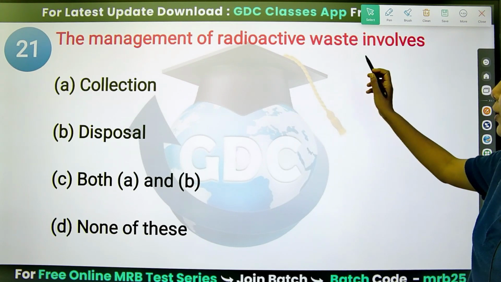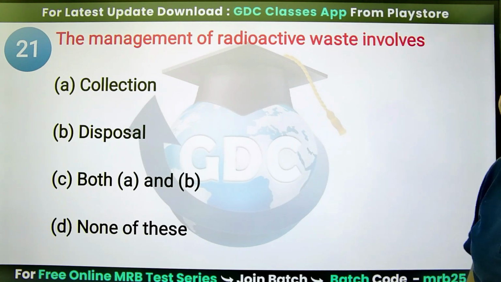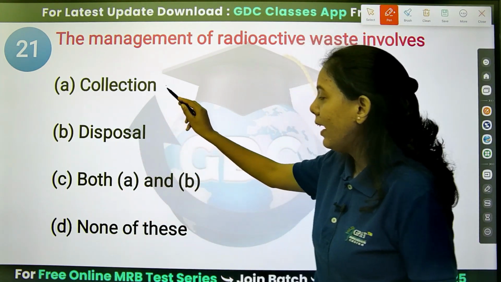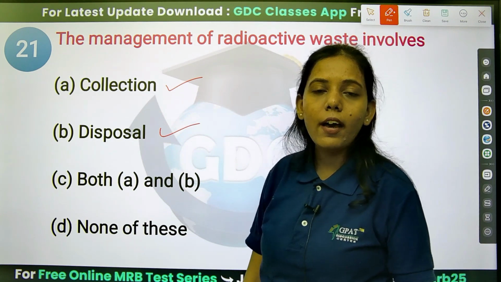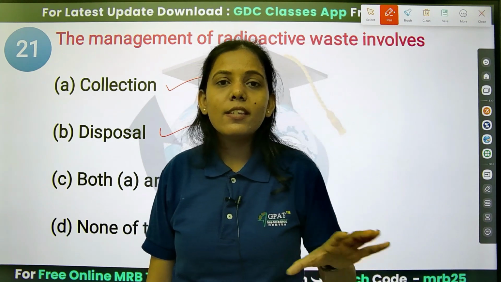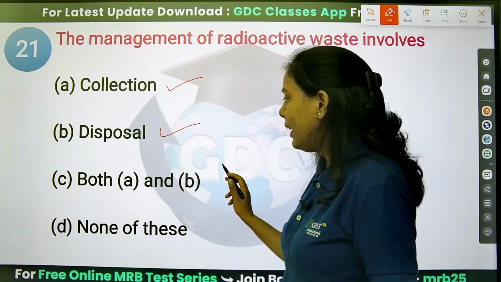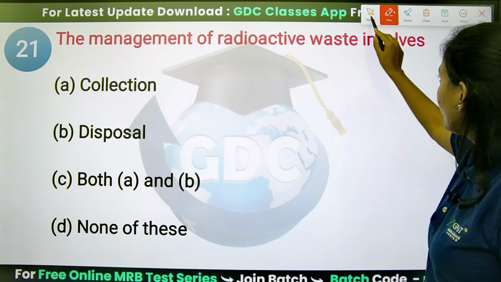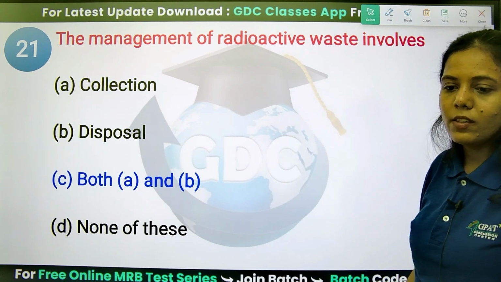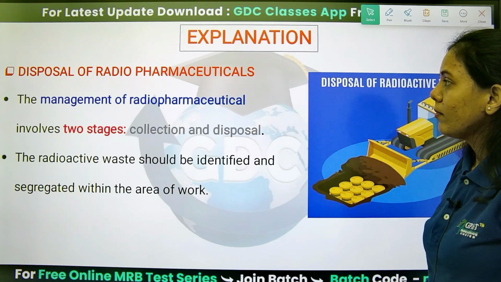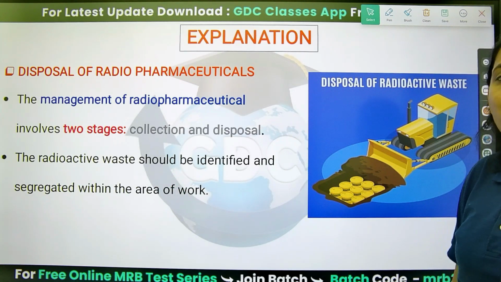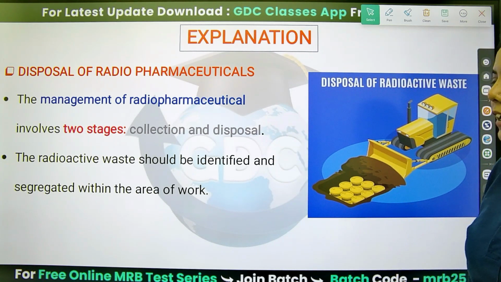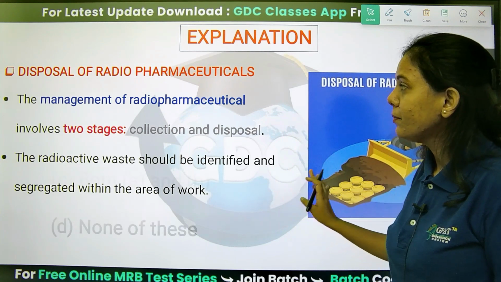The next is, the management of radioactive waste involves, when radioactive material is being taken care of, collection and disposal, both are equally important. First is the collection and then the disposal of the material. So option C, both A and B, is the right answer. It involves two stages, collection and disposal, and it should be identified and segregated within the area of work.